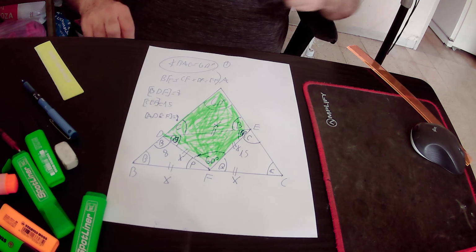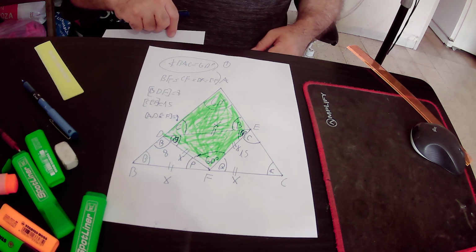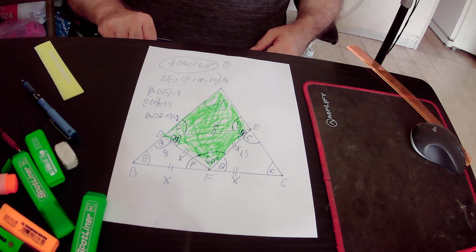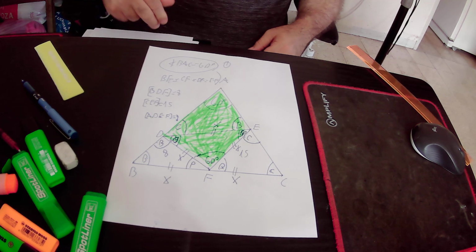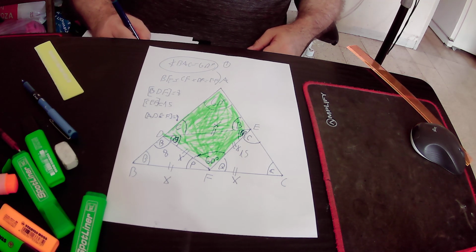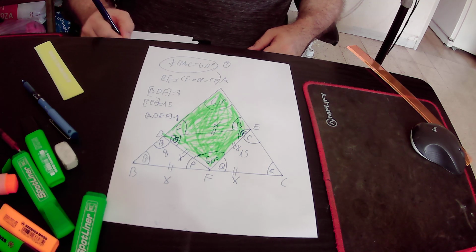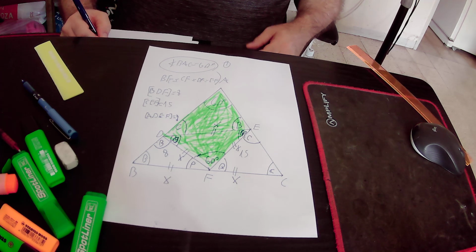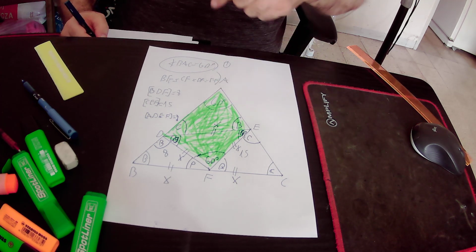Okay, so we'll focus on triangle ABC, the big triangle ABC, and the small triangle ADE, this triangle.